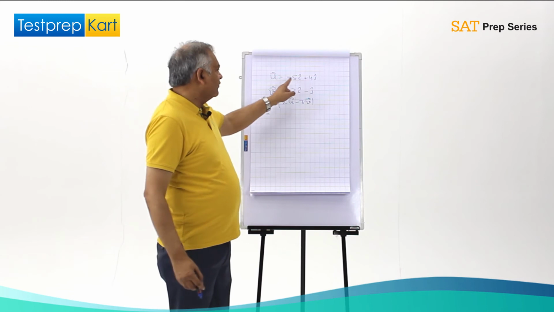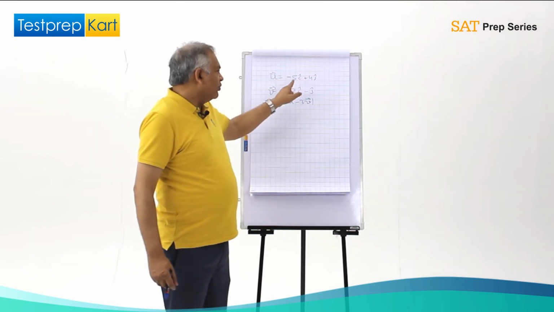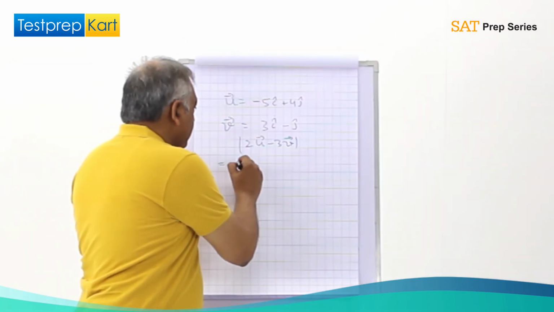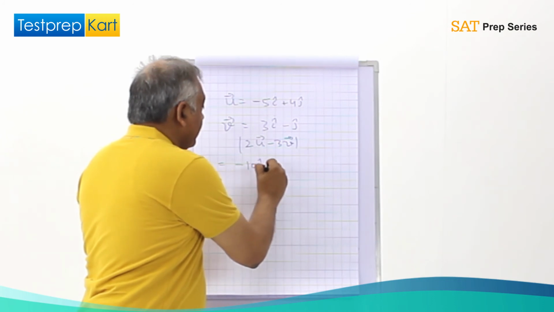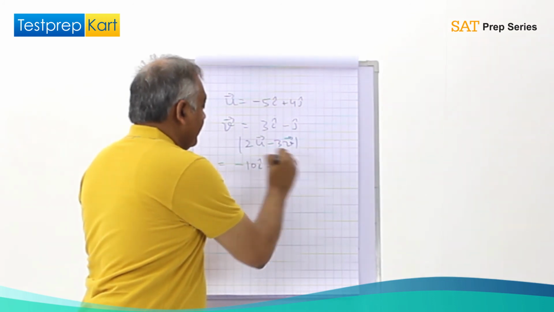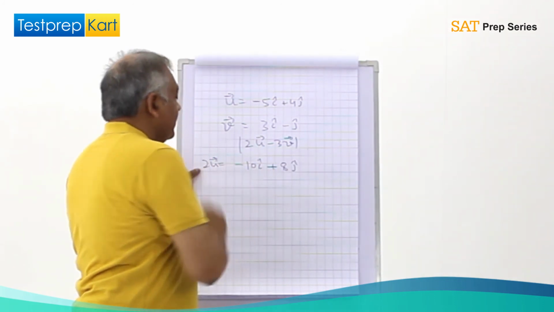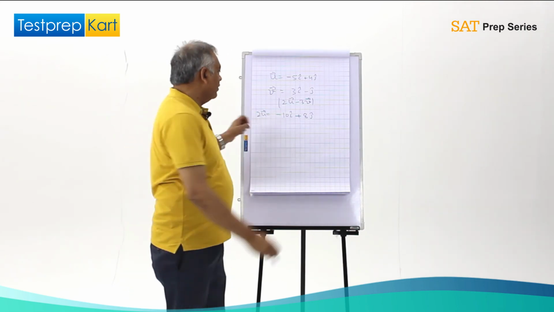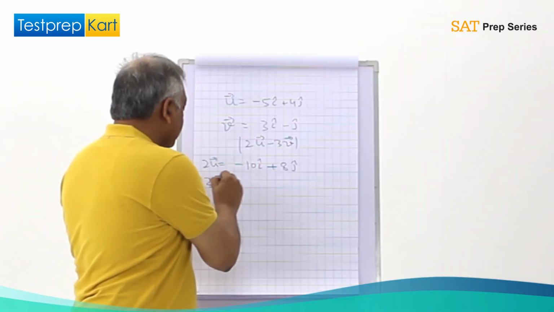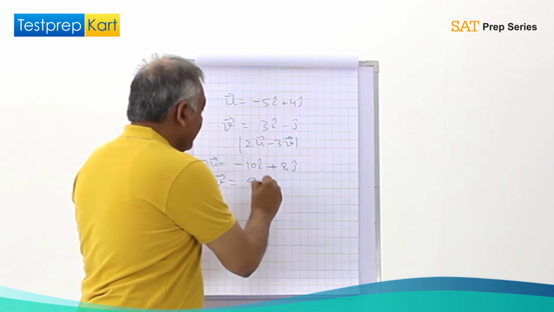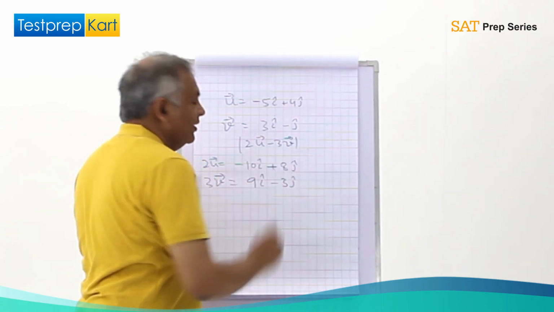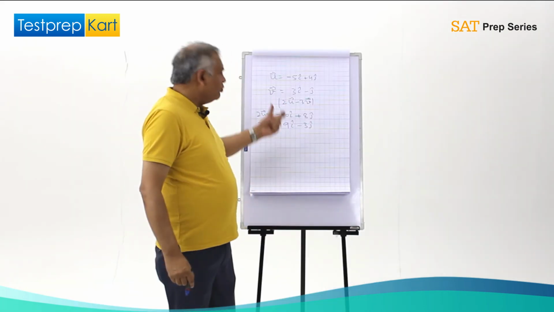So, 2u means you multiply each component by 2, that will become negative 10i plus 8j, that is 2u. Similarly, what will be 3v? Now, 3v will be equal to 9i minus 3j. Now, what will be 2u minus 3v?